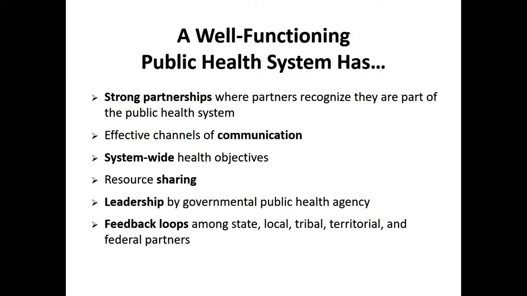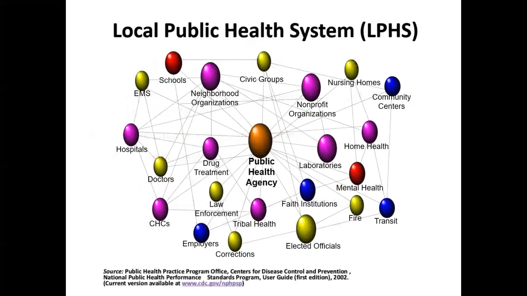As we look through these different functions, it's apparent that it is impossible for the local public health system to function without non-governmental organizations. In fact, oftentimes, most of the organizations that make up a local public health system are actually not associated with state or local government at all. This graphic illustrates that point.